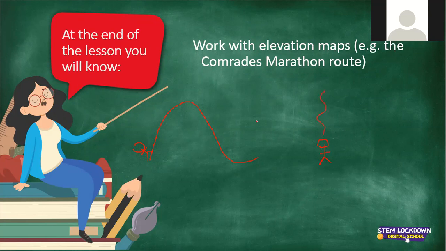This is what I'll see from this view. It's almost like a side view of a road. So when I talk of an elevation map, that's what I'm talking about, for example, the Comrades Marathon road. That can be seen from the side, to see where's the uphill, where the downhills, where the peaks, and so on.